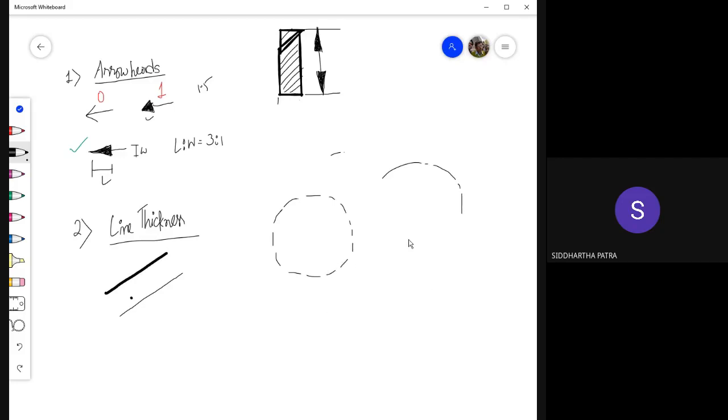So my suggestion is that you can use the compass to lightly draw a circle. And if you are drawing a hidden line, the smaller segments you can draw freehand on that circle. If you try that, I can assure you that your thin circular line would have more or less uniform thickness.